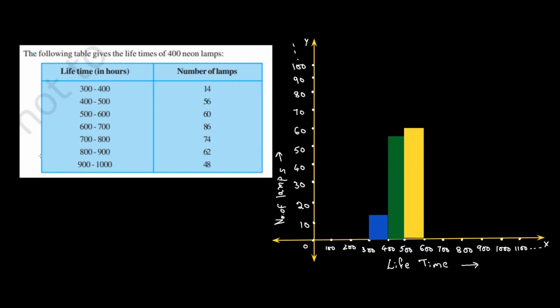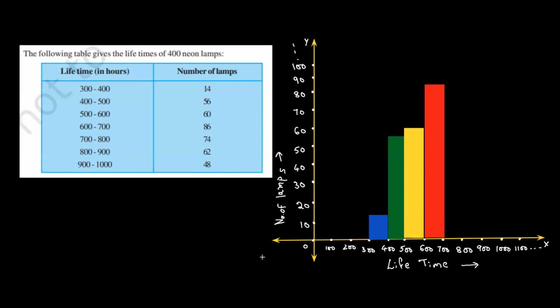Now 600 to 700, if you observe, that is 86, which means 80 after the sixth line.